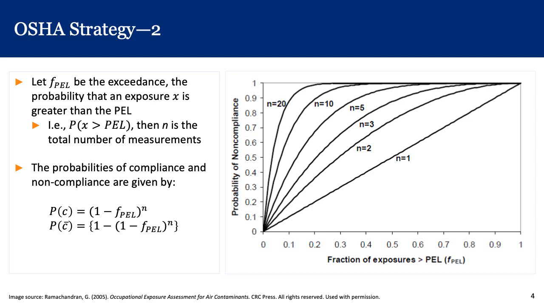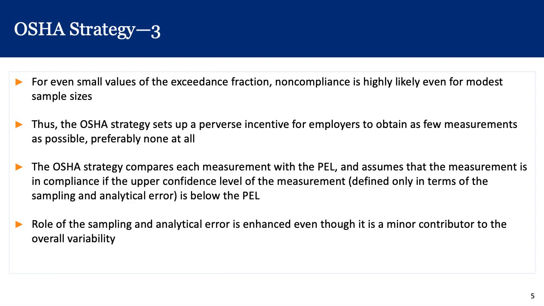If I'd made two measurements, my probability of getting a citation increases to 35%. If I'm a really good citizen and I want to take lots of measurements, I'm only hurting myself because now my probability of getting a citation is at 95%. So for even small values of the exceedance fraction, non-compliance is highly likely, even for modest sample sizes.